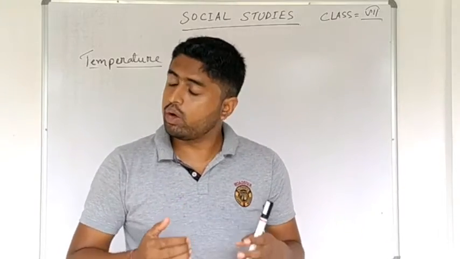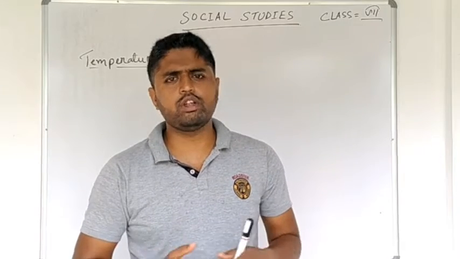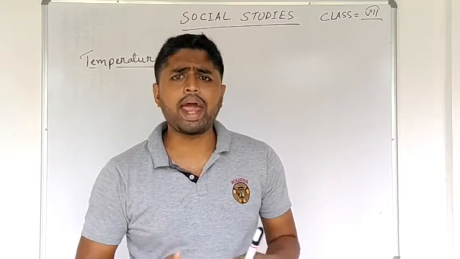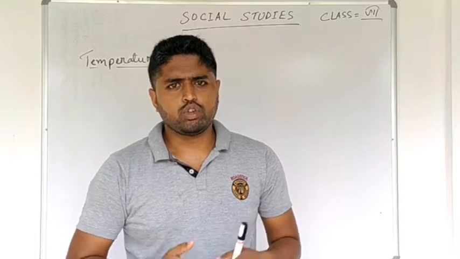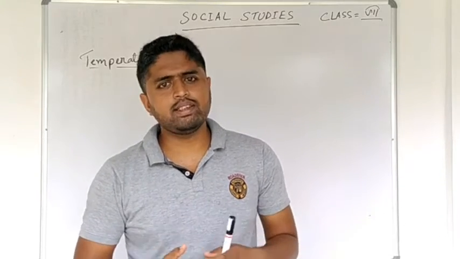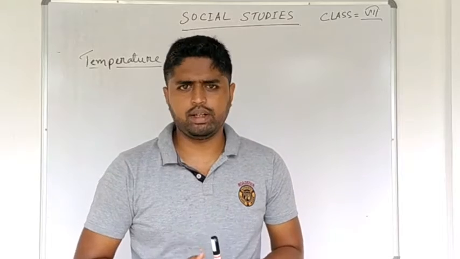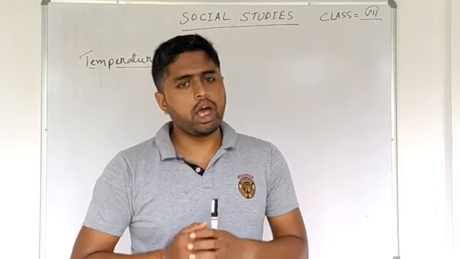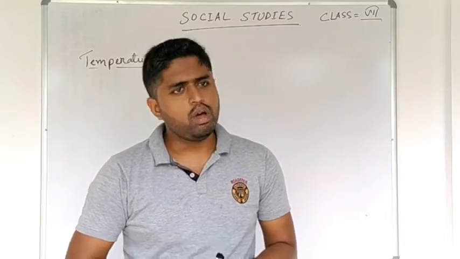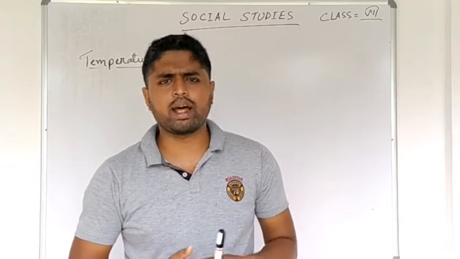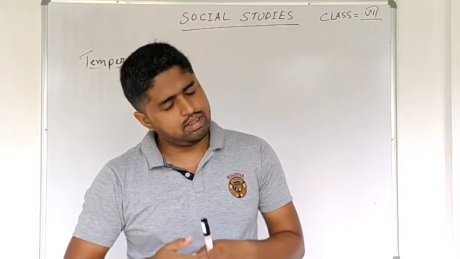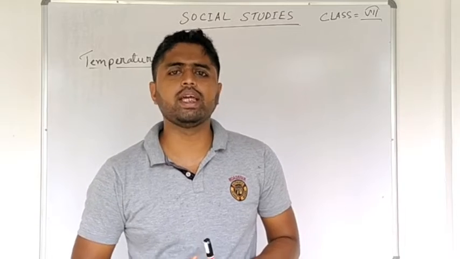Where does this extreme heat come from? Obviously it comes from the sun. Clear? So temperature means the rise in the level of heat. When the heat increases, temperature rises. When the heat decreases, temperature also decreases.